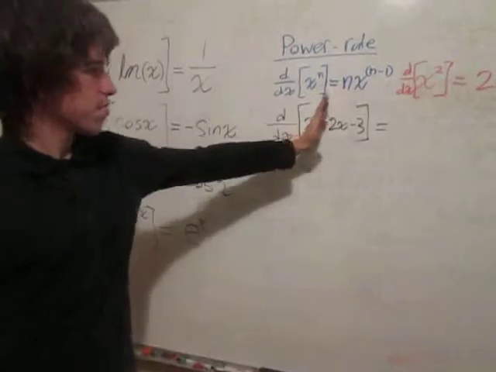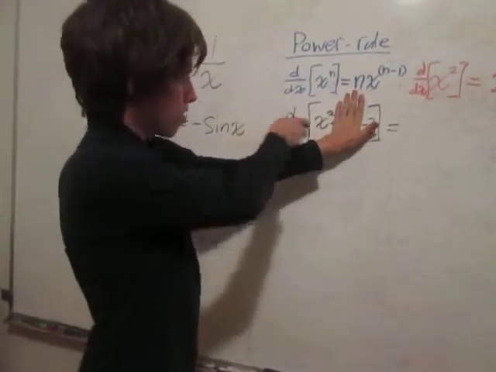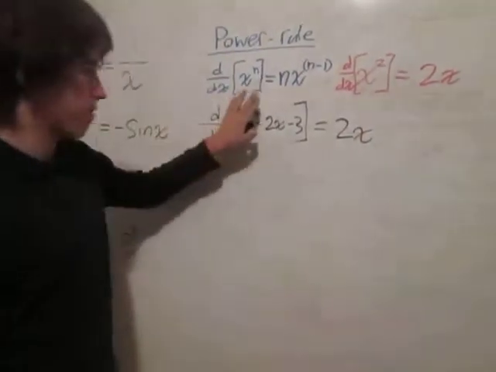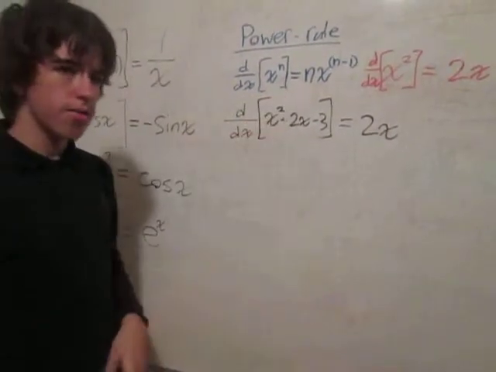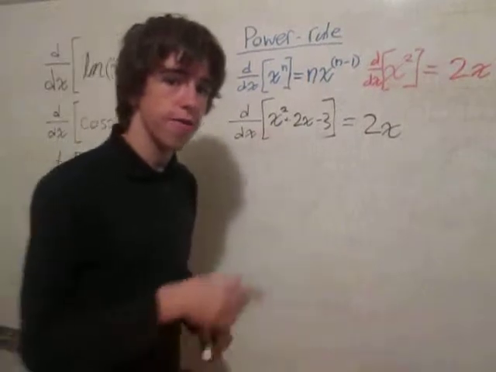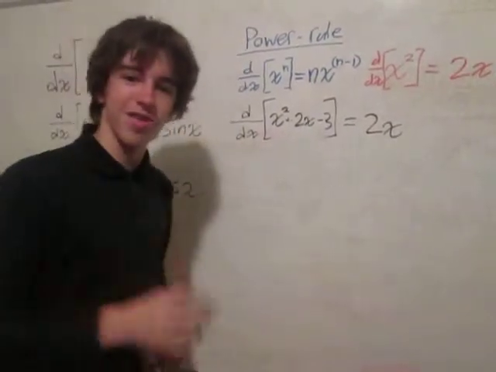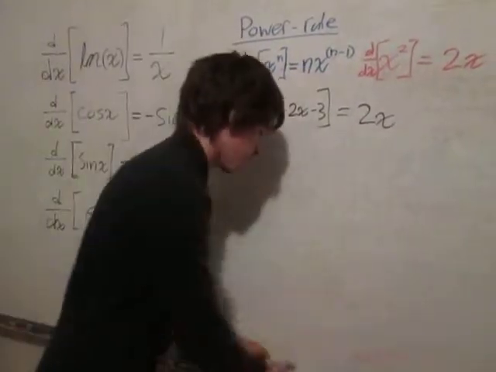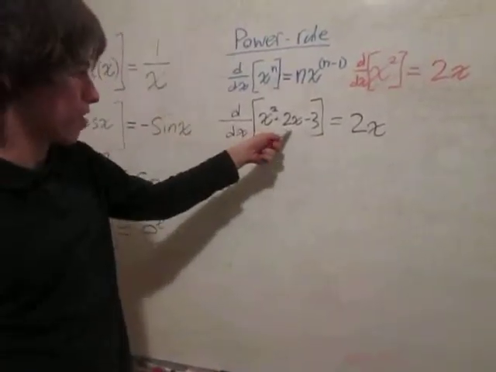And that's great. So the derivative of this one first, the derivative of x squared is 2x. The derivative of 2x. Now, 2x is 2 times x to the first power. This is going to touch on another rule, which means that if we have a coefficient here, this can be taken out of the derivative.